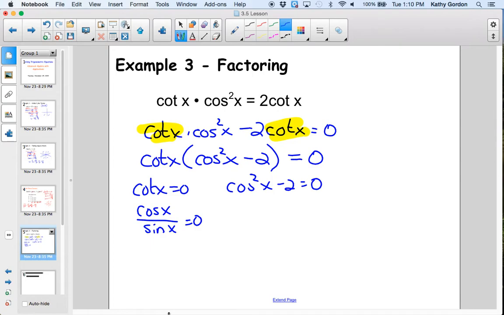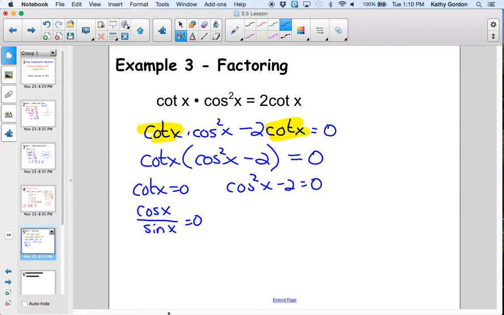Forget about actual values of x for just a second. What's going to have to be true in order for cosine of x over sine of x to end up giving me 0 as an answer? The cosine of x has to be 0. In order to end up with a 0 answer from a fraction, I have to have my numerator be 0. Okay? So that's really what we're thinking about then.